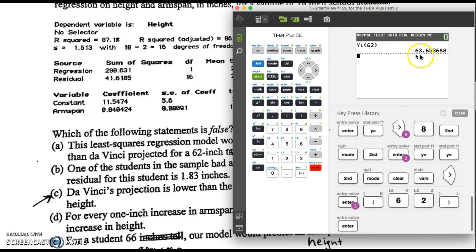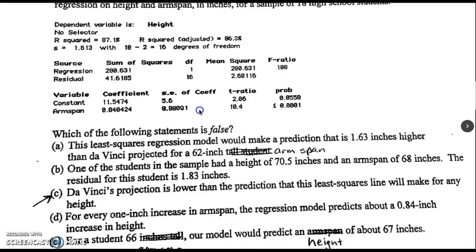The equation predicts a height of 63.6, whereas Da Vinci thinks that if you have a 62-inch arm span, your height will also be 62. So the equation is predicting 1.6 inches higher than what Da Vinci predicted. Boom, that's exactly what A says.